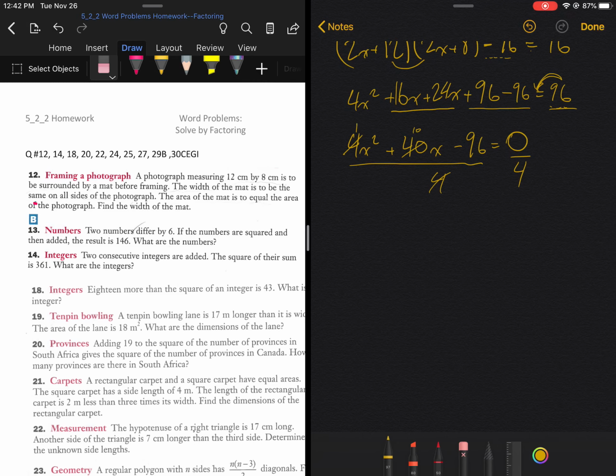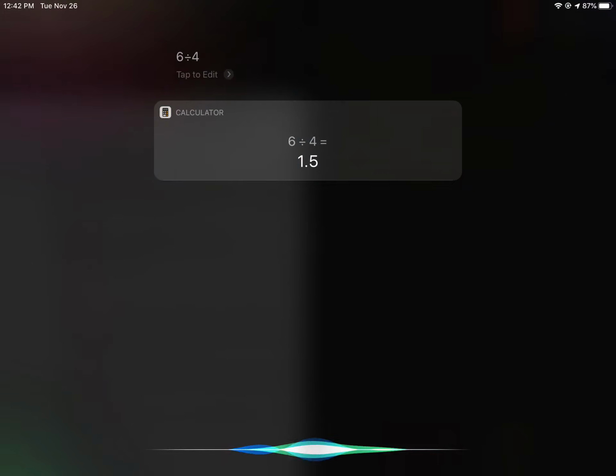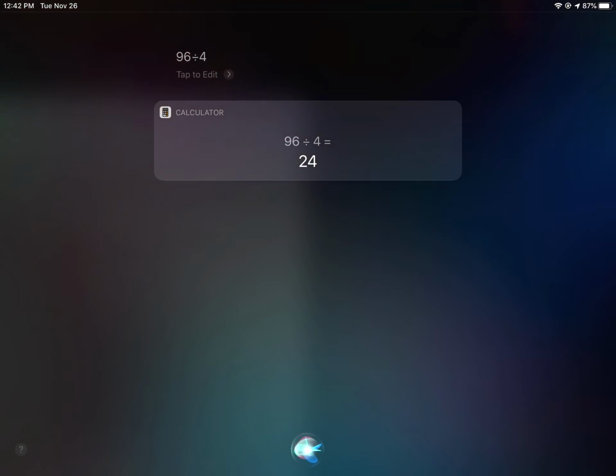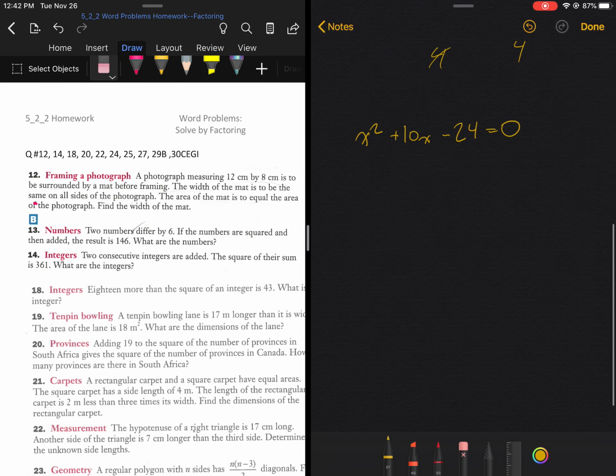Let's divide everything by 4. So I get 1, that's 10. What's 96 divided by 4? It's 24. So I have x squared plus 10x minus 24 equals 0.